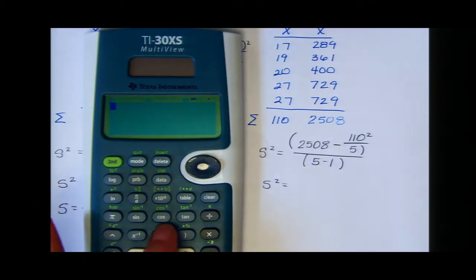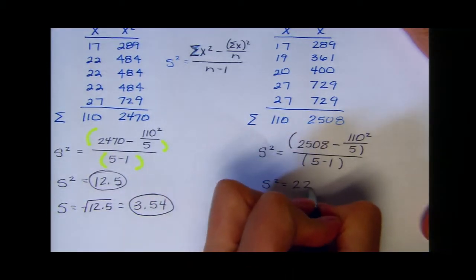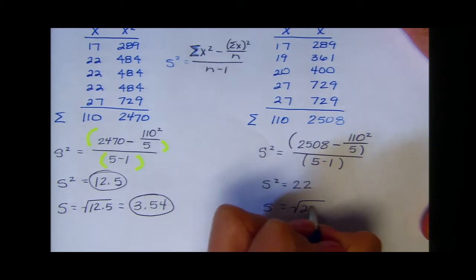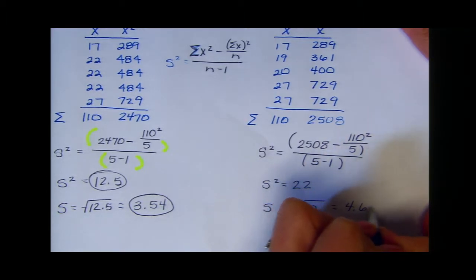So I would do open parentheses, 2508 minus 110 squared divided by 5, close parentheses, divided by, open, 5 minus 1, closed, equals 22. And then the standard deviation is the square root of 22, which is approximately 4.69.